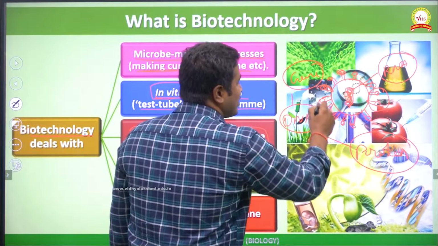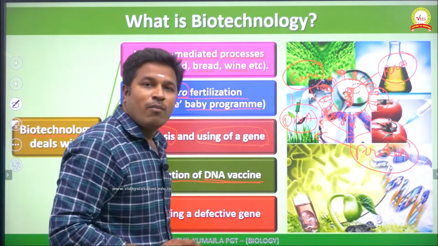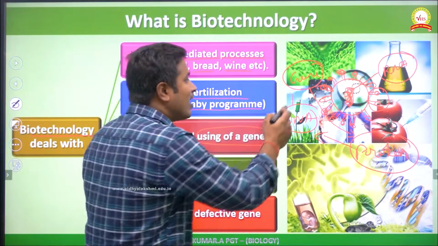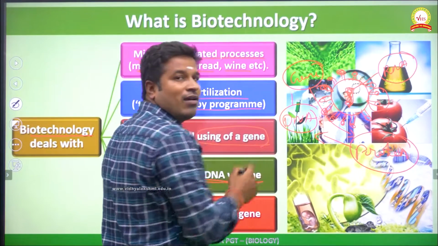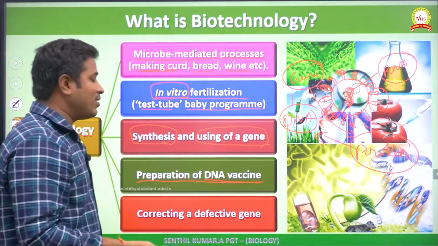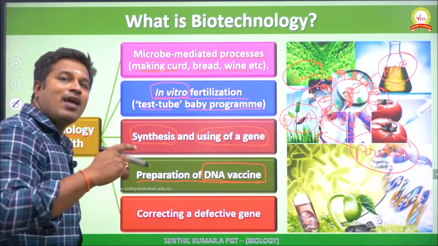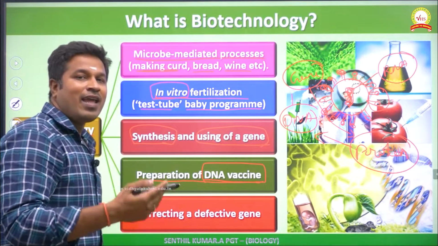The particular gene is responsible for the expression of a particular protein. So scientists isolated the particular gene and it can be utilized for a DNA vaccine. The particular gene has been utilized for a DNA vaccine.